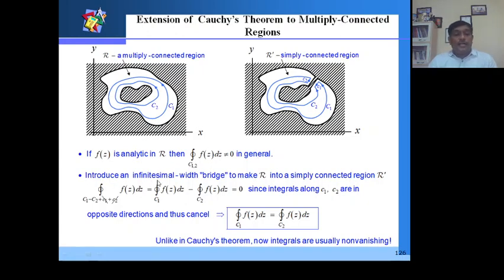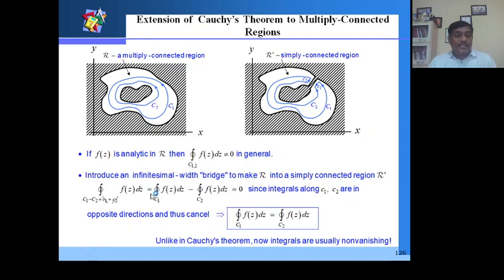Introduce an infinitesimal width bridge, this is the bridge we made, to take R into a simply connected region R dash. Then the integral upon C, C1 minus C2 plus the bridge parts, cancel each other because the direction is different.